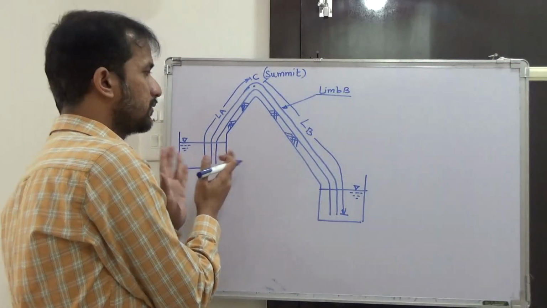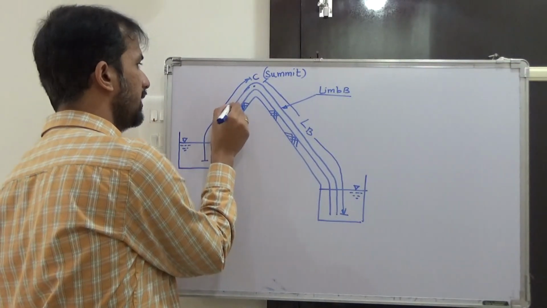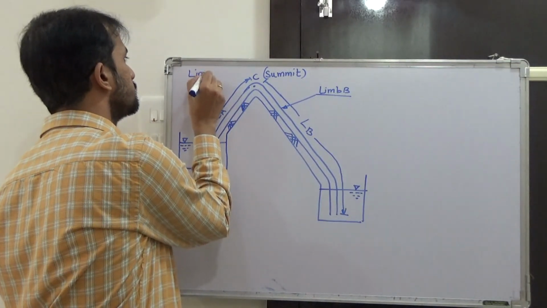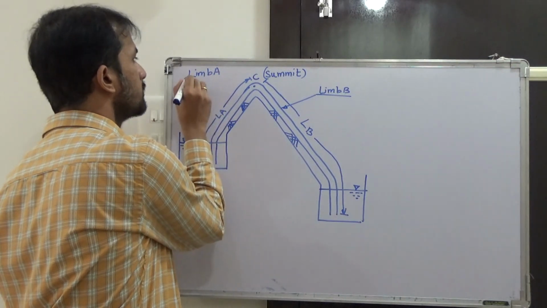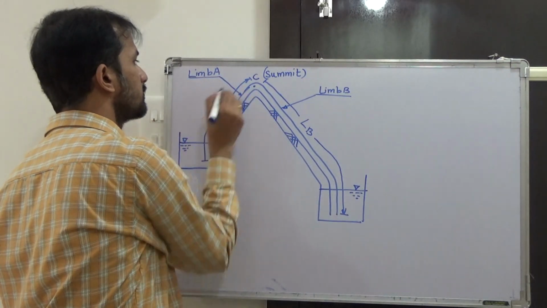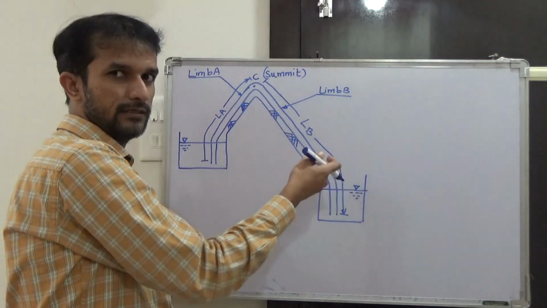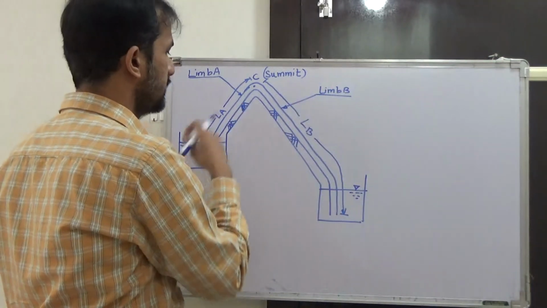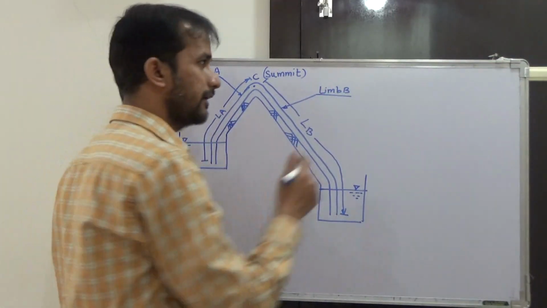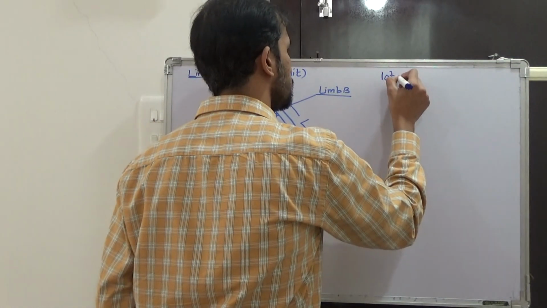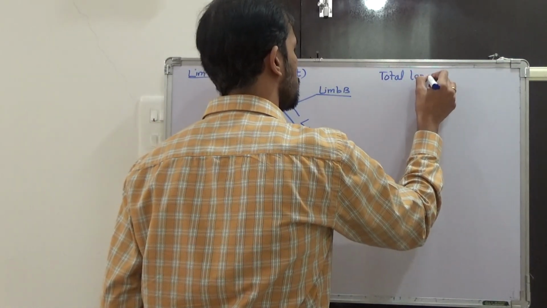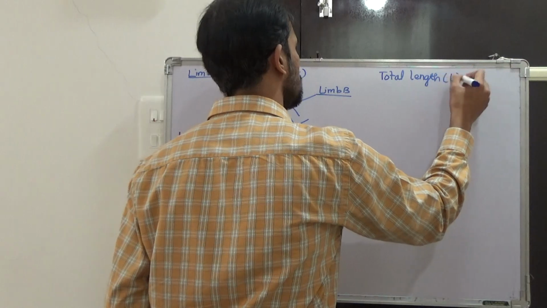Part 1 towards this side is named limb A, and the part on the other side is limb B. The length of limb A, up to the summit, is LA, and the length of limb B, from the summit to the end, is LB. The total length is L, which is LA plus LB.